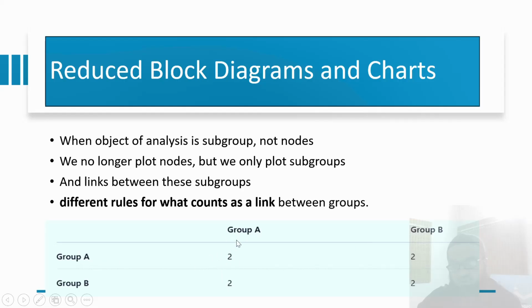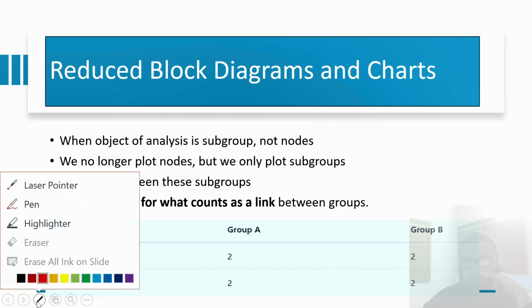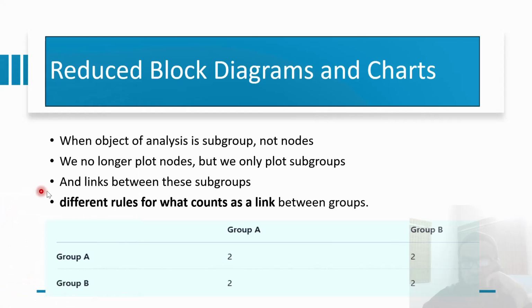This is intragroup, and this is group A with group B, intergroup. So the object of analysis is now the subgroup. It is not the node anymore. We no longer plot nodes, but we only plot subgroups and links between these subgroups.